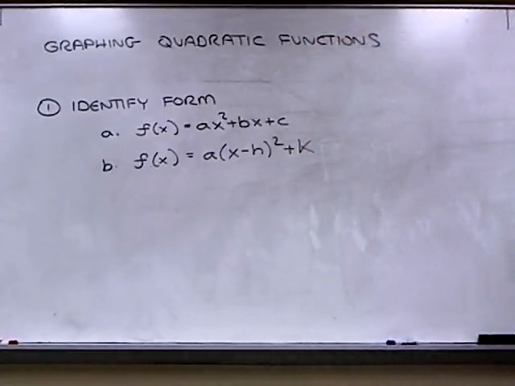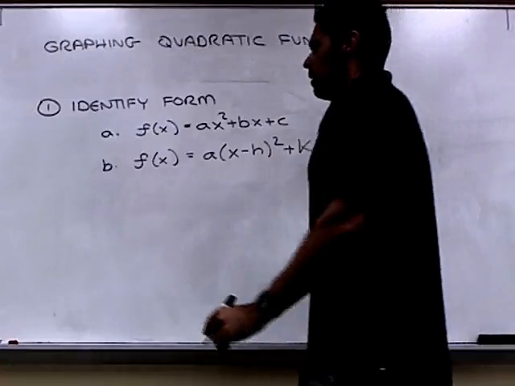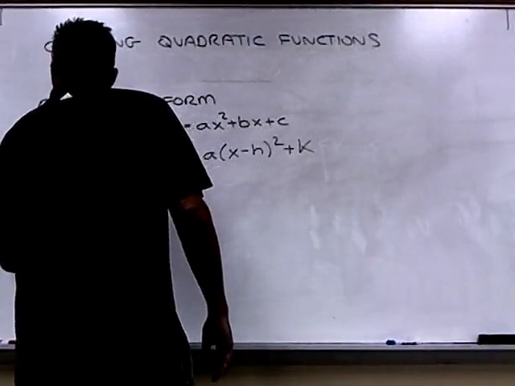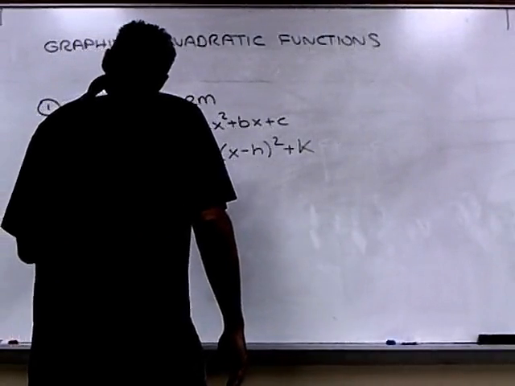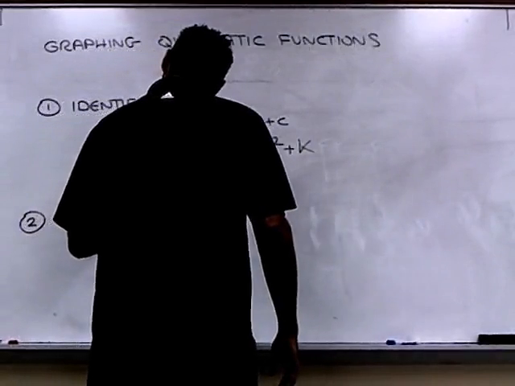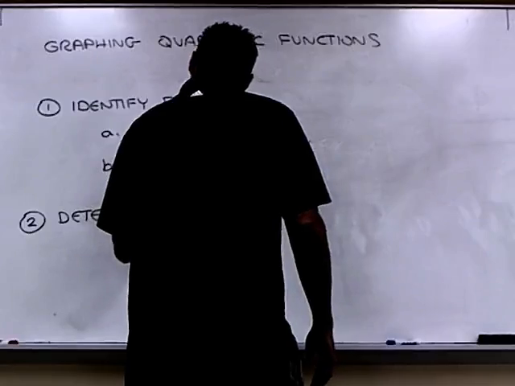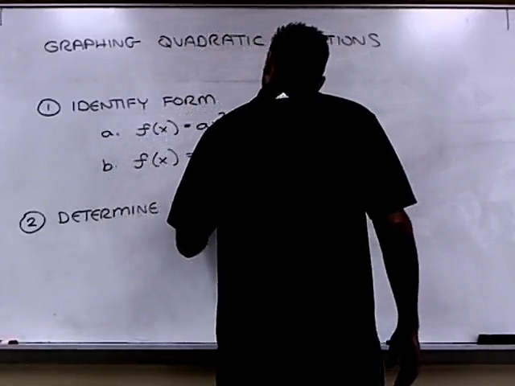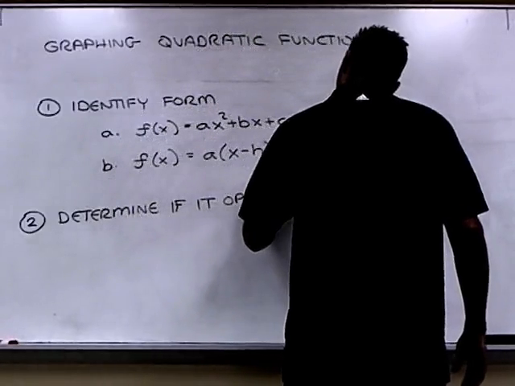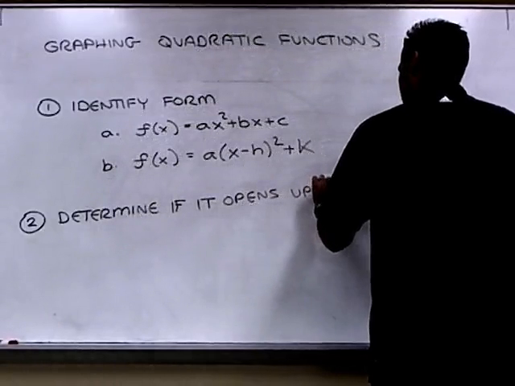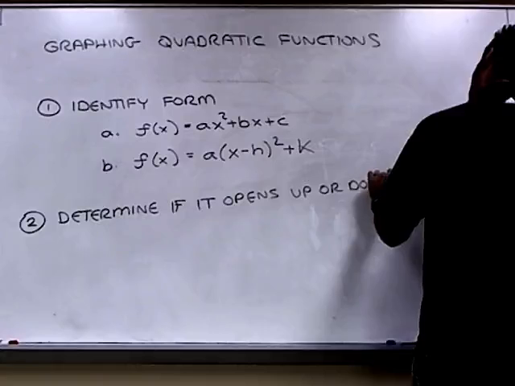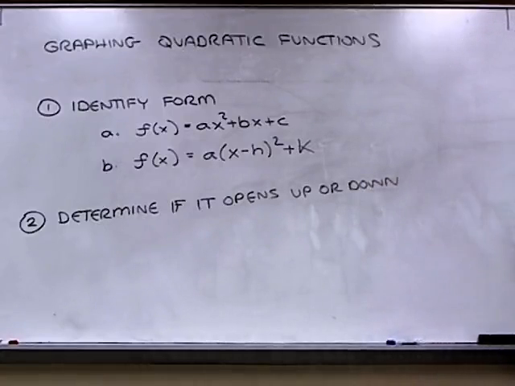After we've identified the form, the next thing we're going to do is determine if it opens up or down. Does it open up or down? Now, how can you determine that?